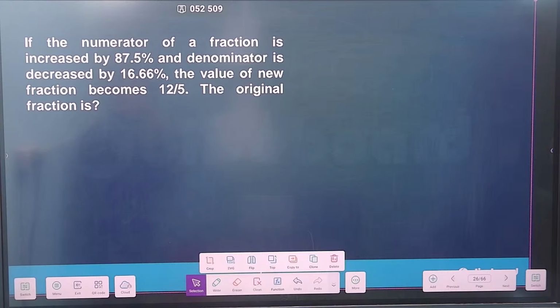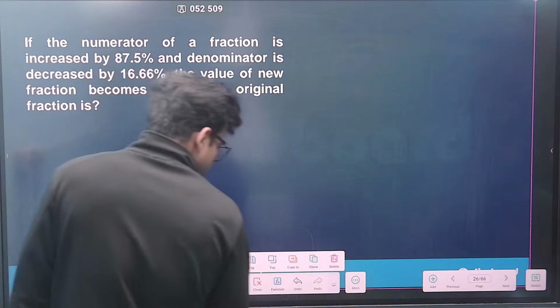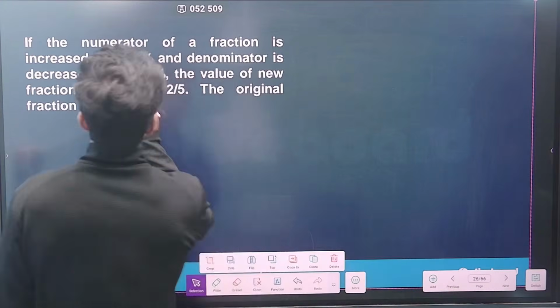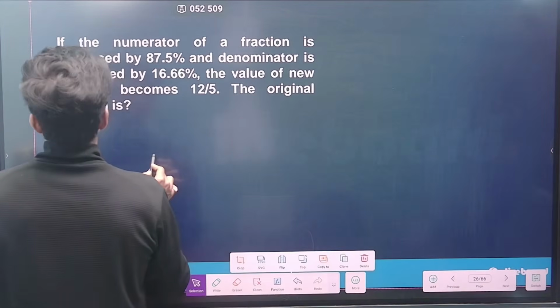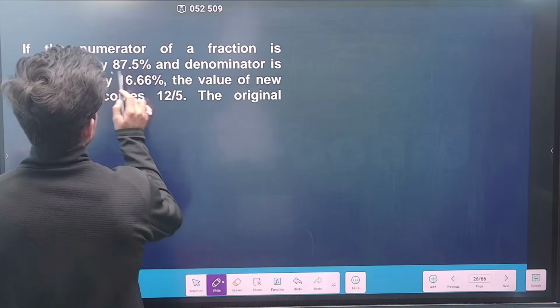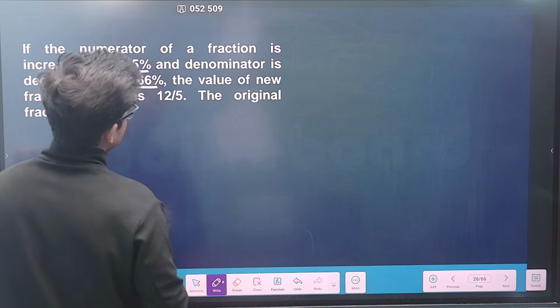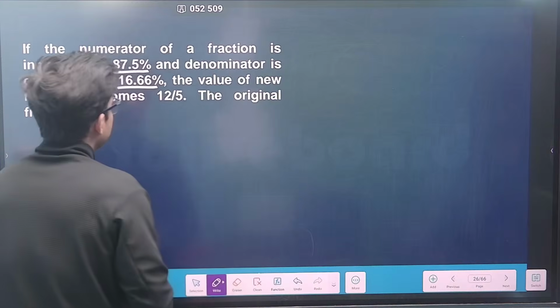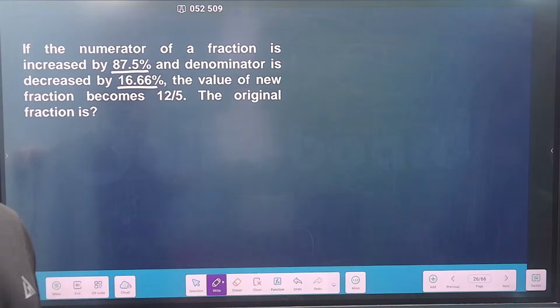If the numerator of a fraction is increased by 87.5%, and the denominator is decreased by 16.66%, the fraction becomes 12 by 5. Now see, the hurdle point is you need to figure out the value of these percentages.